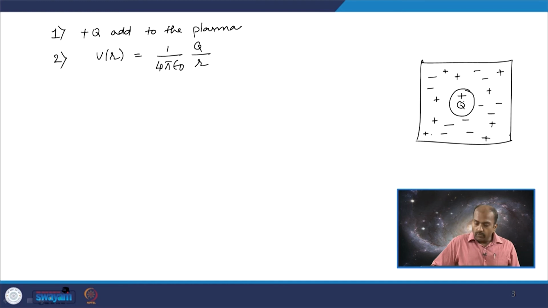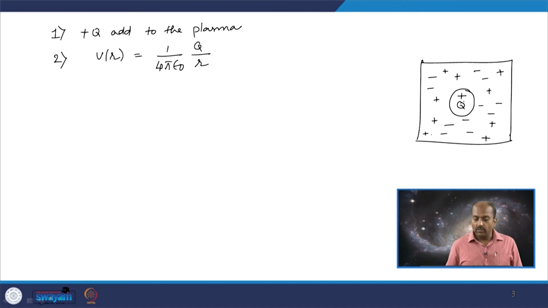What is the immediate course of action when you keep a positive test charge? Charges of opposite polarity will immediately be attracted to this test charge, naturally, right. Charges of opposite polarity are attracted, so that they form a cloud in the vicinity of the test charge. This is important.